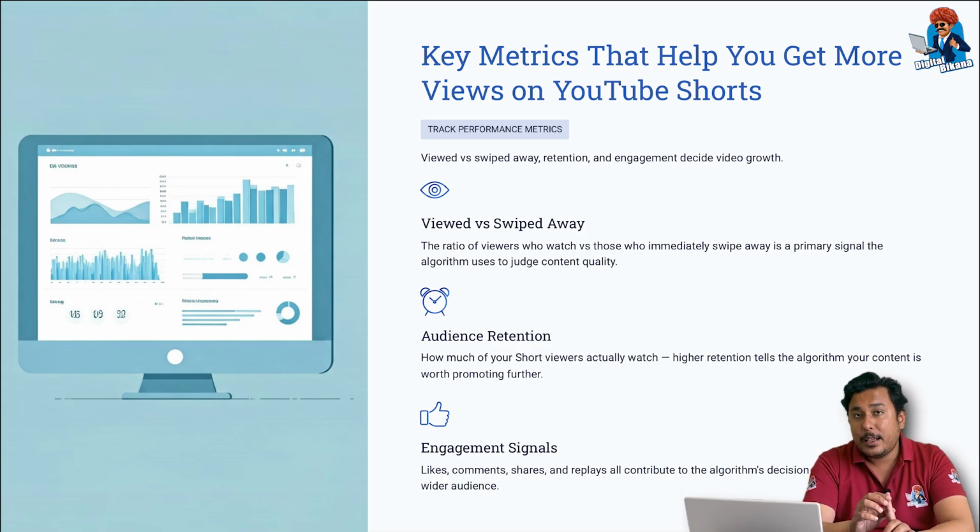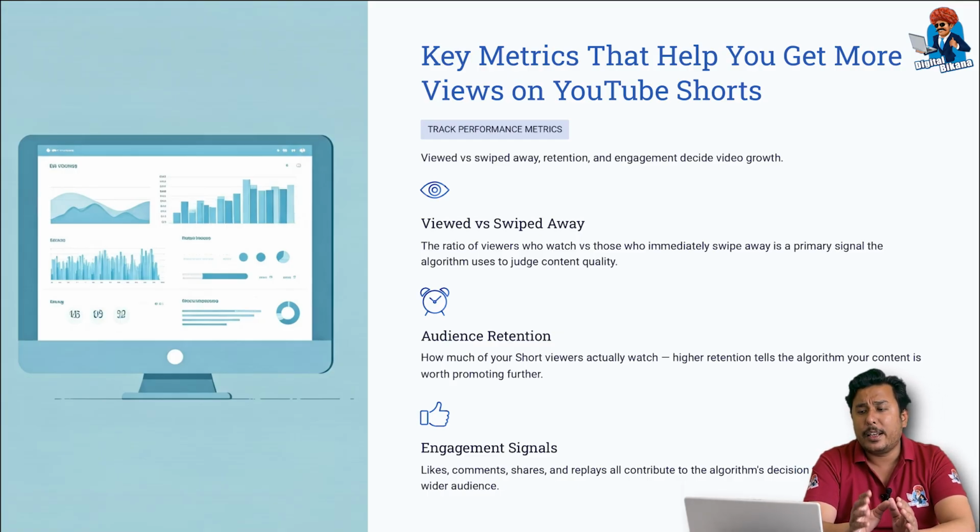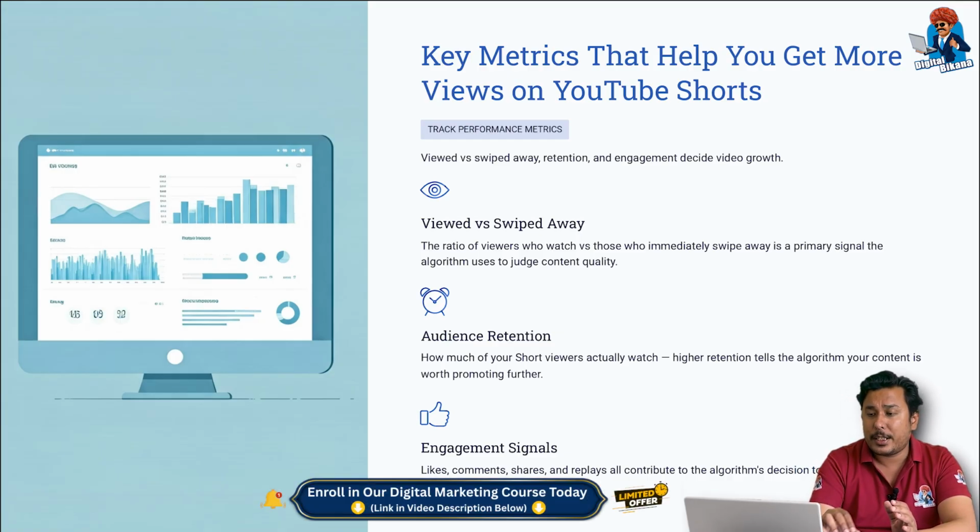What does it mean? Whenever someone is scrolling and they stop and view your content, then automatically that would be a good signal to the YouTube algorithm. So you should create good hooks in the beginning of your shorts, right? And you should also focus on retaining the audience.